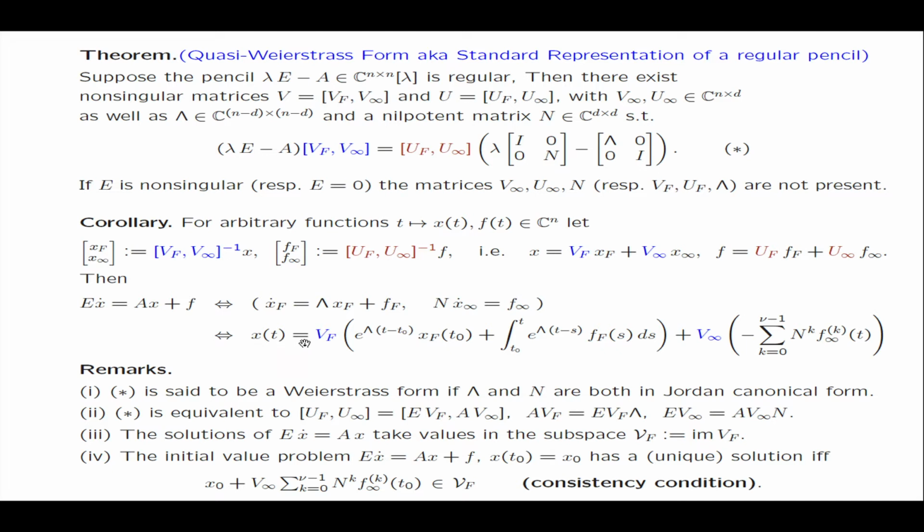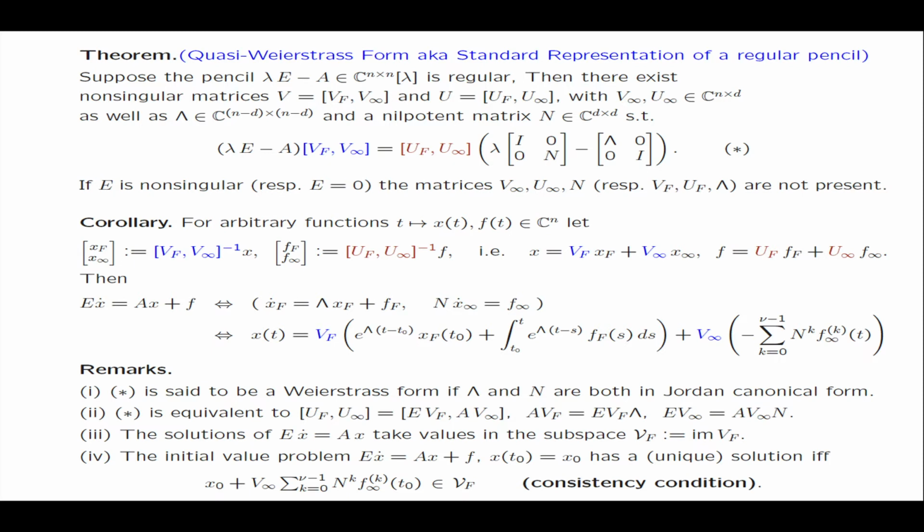So we don't have this part in the homogeneous case, and so look at the solution. The solution is matrix V_F multiplied by this complicated vector. But if you multiply a matrix with a vector, what you get is a linear combination of the columns of the matrix. This always holds.